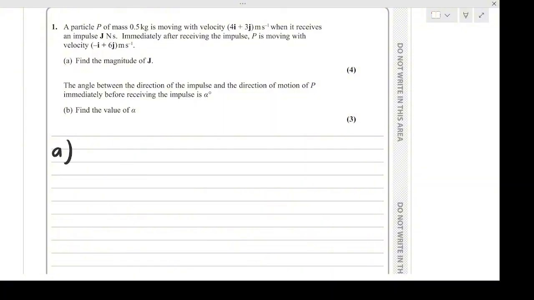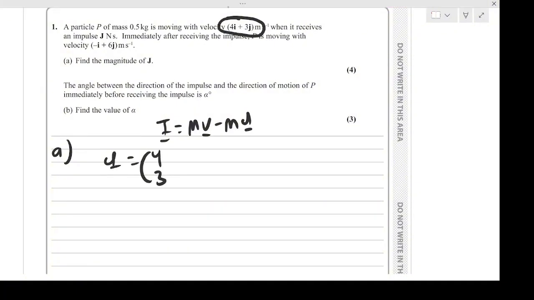Okay. So remember the impulse formula with vectors is mv take away mu. Well, in this case, what are our vectors? Well, u, my initial velocity, is 4i + 3j, so I can write that as (4, 3).